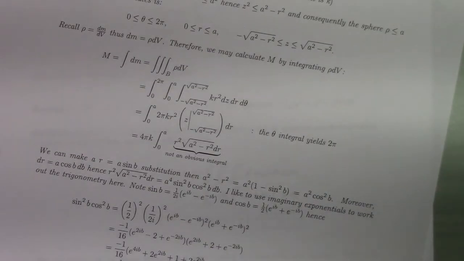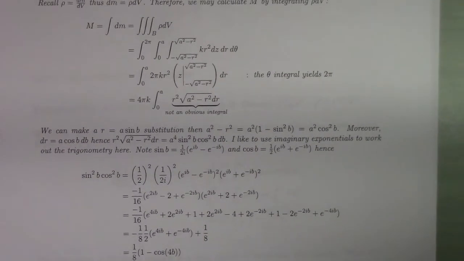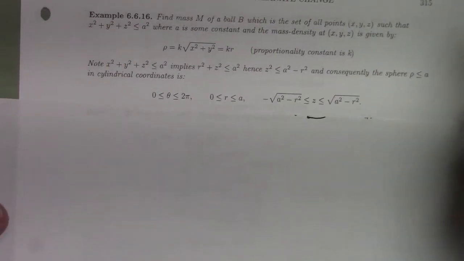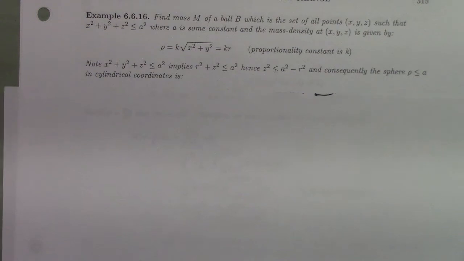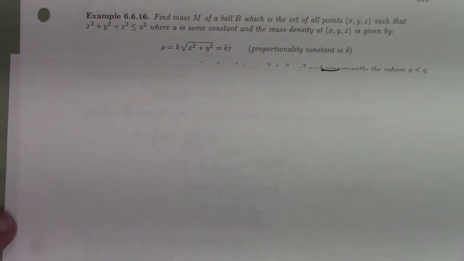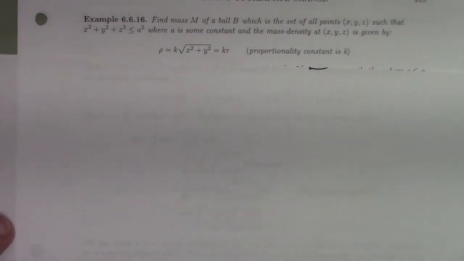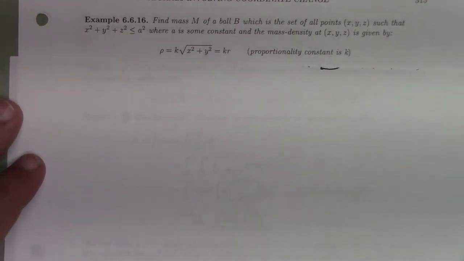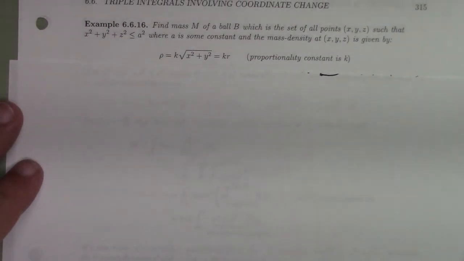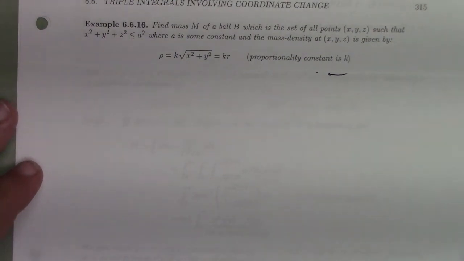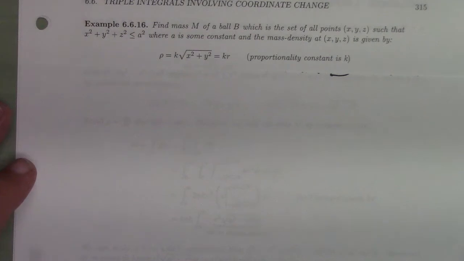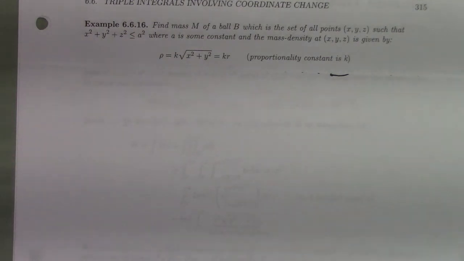This one here, I find the mass of a ball such that the ball has radius a, and oh, this one actually has a non-constant density. So I have a density proportional to the radius. So it's most dense at the edge, and it has density 0 at the center.